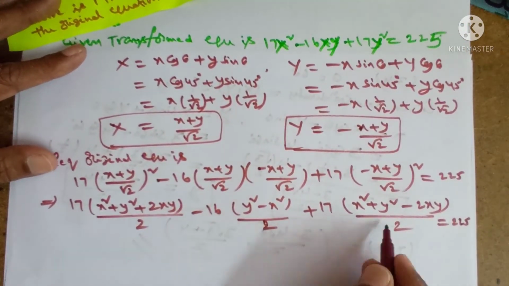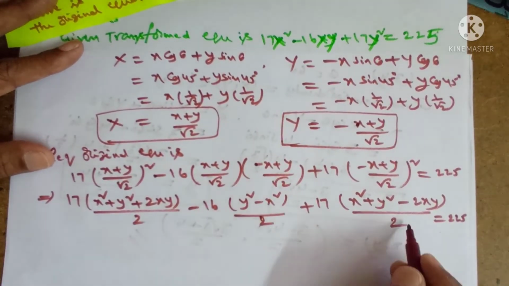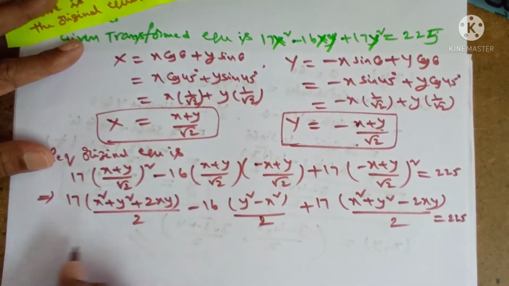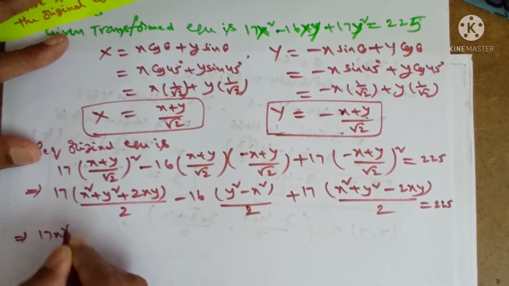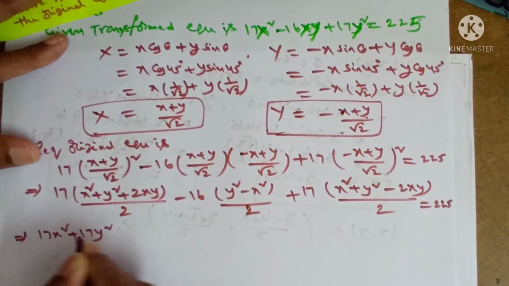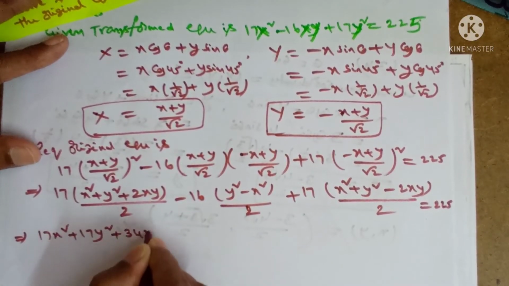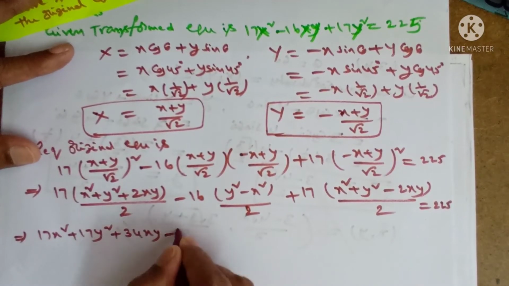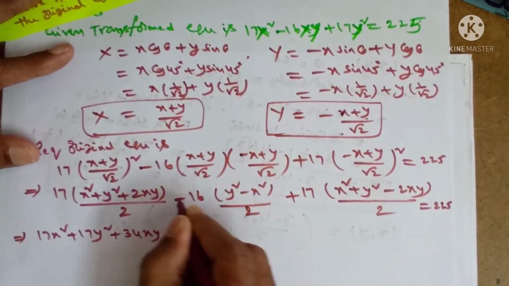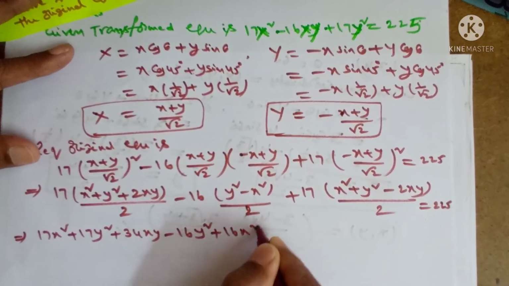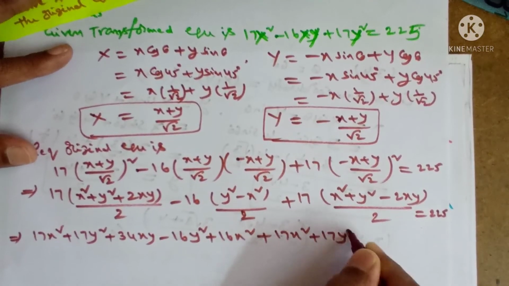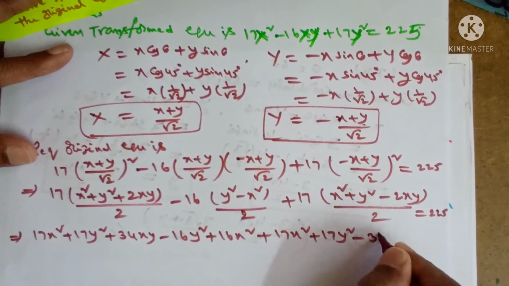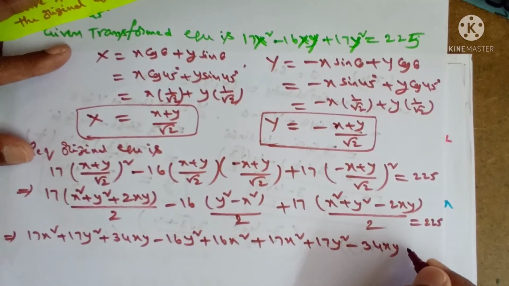See, this is LCM is 2. After cross multiplication, 225 into 2. Now here multiplying: 17x square, 17y square, 17 2s are 34xy, minus 16 into y square, 16y square, minus into minus plus 16x square. This is 17x square plus 17y square, 17 2s are 34xy, is equal to 225 into 2.